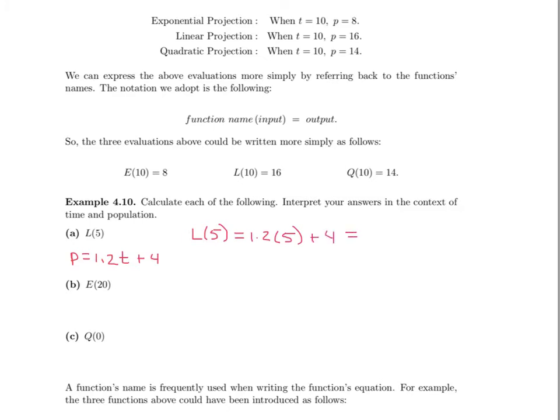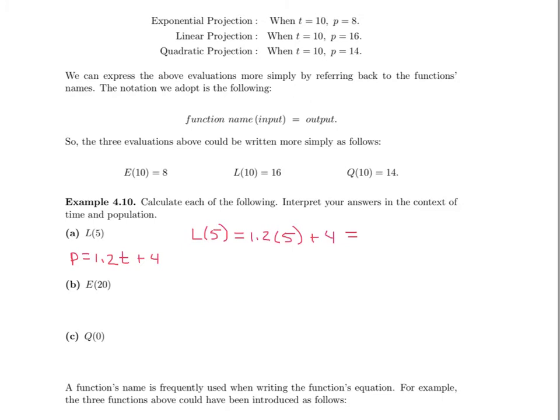Now to calculate this output, we have to simplify the expression. This is where order of operations comes in. Although there are parentheses involved, there are no operations inside. So we proceed to exponentiation, but there is no squaring or raising to powers to be done. So we proceed to multiplication. There's one multiplication to perform. We need to multiply 1.2 by 5.